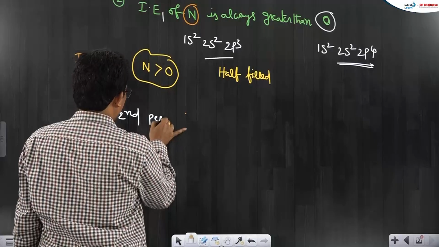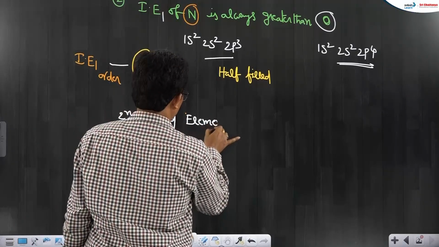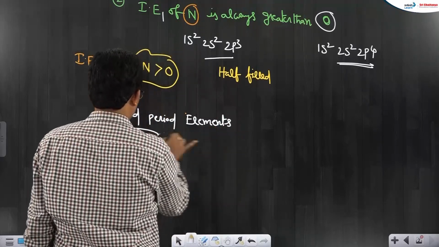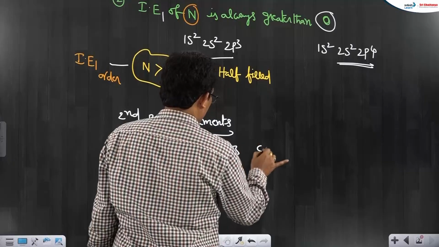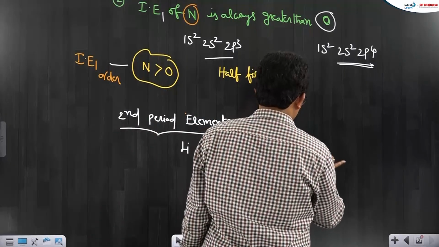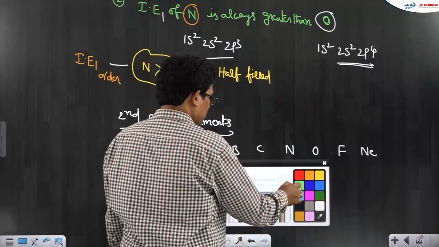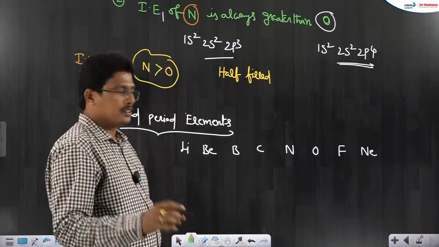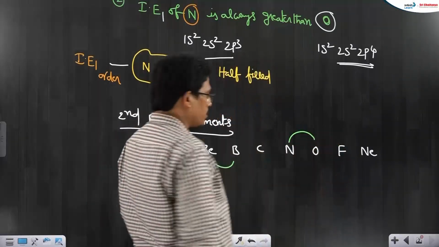second period elements: lithium, beryllium, boron, carbon, nitrogen, oxygen, fluorine and neon. Here the variations are observed in beryllium and boron, nitrogen and oxygen.